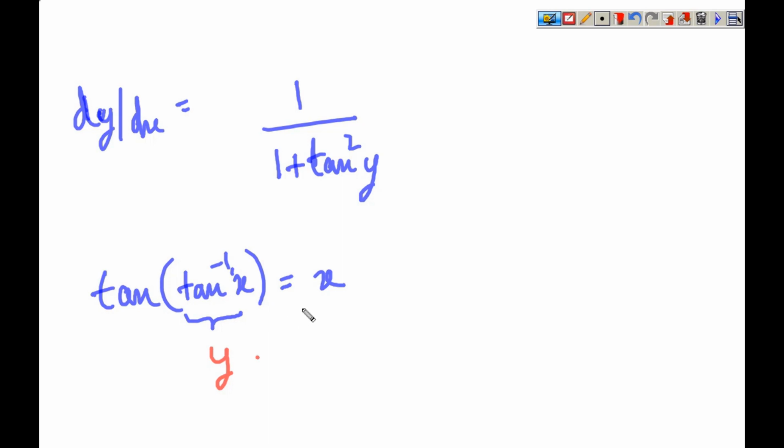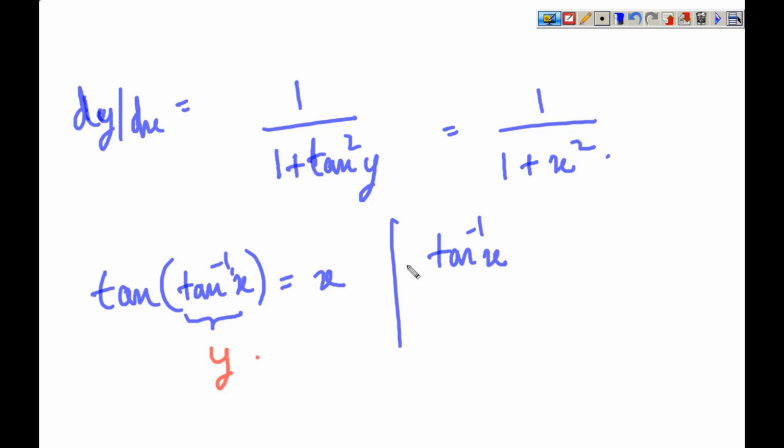So we can simply substitute x in place of tan y, and we can write the derivative as 1 by 1 plus x square. So this is true for the derivative of tan inverse x. If we have to find the derivative of tan inverse x, it will always be 1 by 1 plus x square.